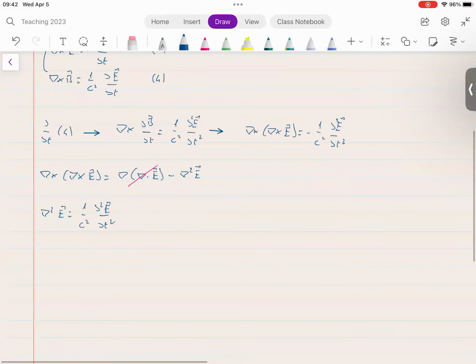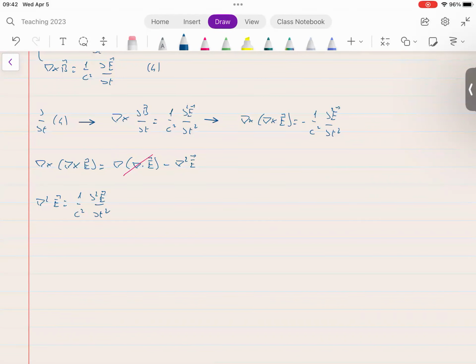And pretty much in an identical way, you can obtain, where I'm using numbers to type more quickly, that del square B minus 1 over c square d2B over dt square is equal to 0.